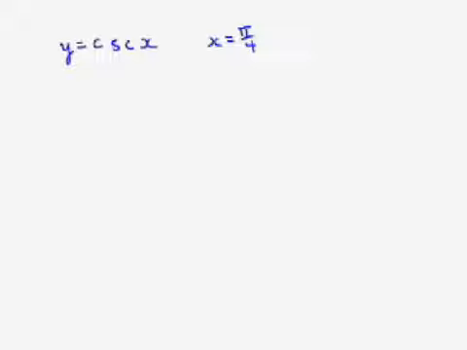So what we're going to do is take the function y equals cosecant x, and substitute pi over 4 for x. We know that cosecant x is equal to 1 over sine x, so y in this case is going to equal 1 over sine of pi over 4. The sine of pi over 4 is root 2 over 2.